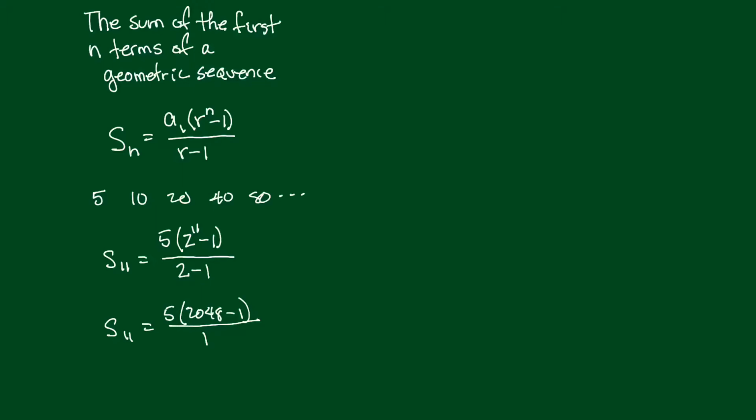So if I take 2047 and multiply it by 5, I'm getting this. So S sub 11 is 10235 all over 1. Or how about just, we don't need the 1 there. So the sum of the first 11 terms is 10,235.